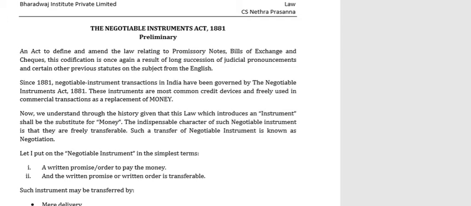So, the term negotiable instrument may be defined as a written promise or order to pay money which may be transferred from one hand to another as a substitute for money. For example, instead of money, I am giving you a check.